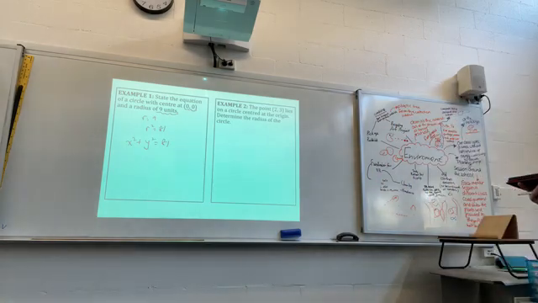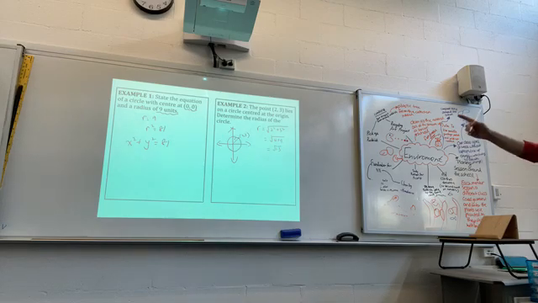Now, the second one. The point (2, 3) lies on the circle centered at the origin. Determine the radius of the circle. In a situation like this, I will always sketch. So I know this is 2 and 3. So we can work out the radius: r equals the square root of 2 squared plus 3 squared, which is the square root of 4 plus 9, the square root of 13.